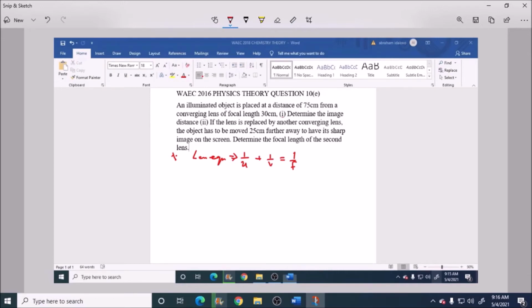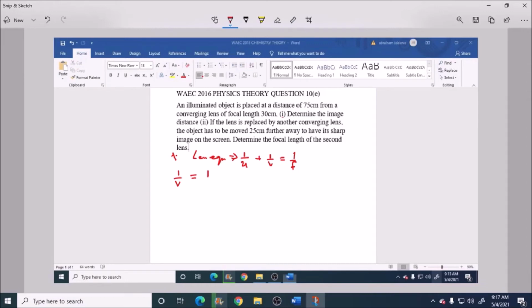Now we have the image distance. The image distance, which is 1 over v, is equal to 1 over f minus 1 over u.